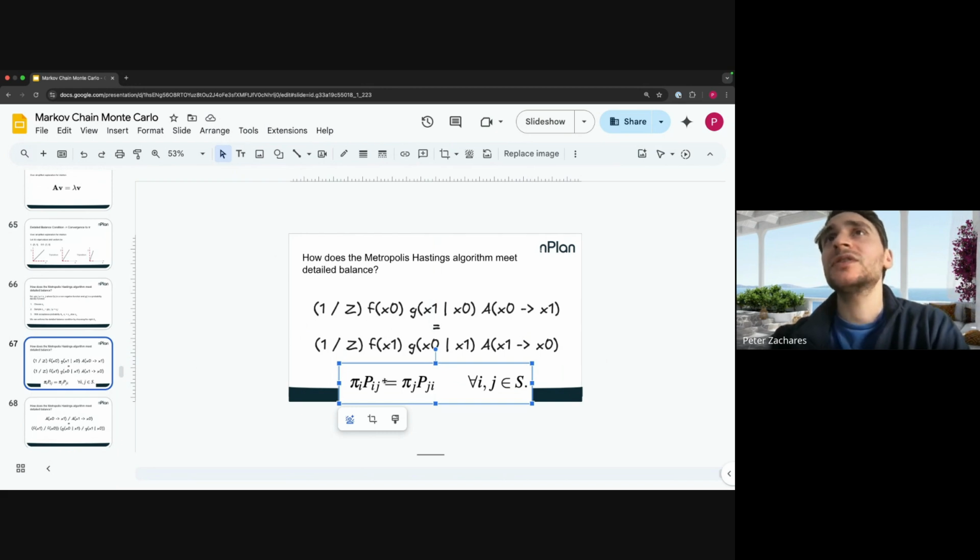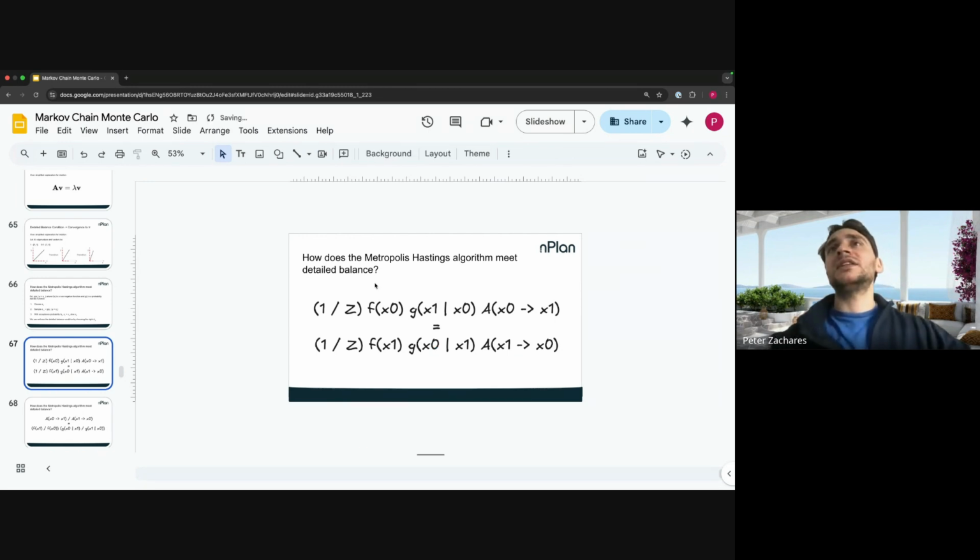And then your transition probability from i to j is g times your acceptance probability. So g is how you get your new state, you sample from that, but then you also have to choose whether to accept it or not. And so your acceptance probability and g are your likelihood of transitioning from x naught to x1. And what you need is for these two things to be equal to meet the detailed balance condition.